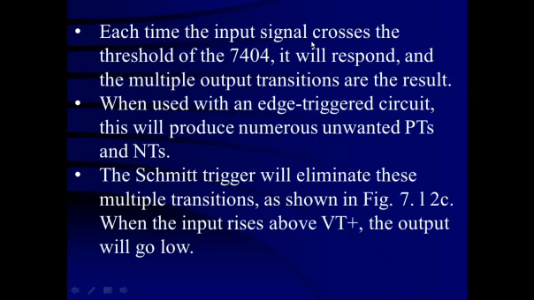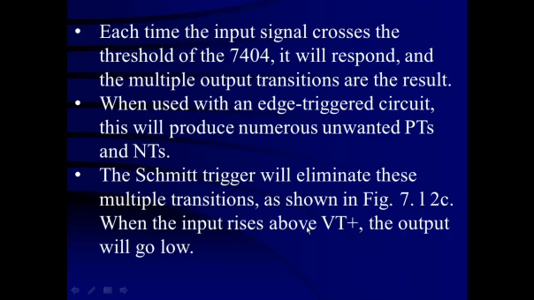Each time the input signal crosses the threshold of the 7404, it will respond with multiple output transitions. When used as an AC trigger circuit, this will produce numerous unwanted positive and negative transitions. The Schmitt trigger will eliminate this multiple transition, as shown in figure 7.12c.